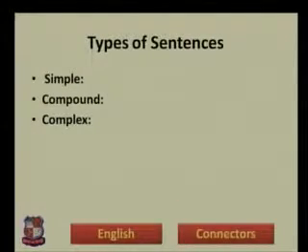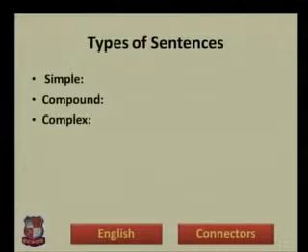But before we understand the connectors, I will first mention the 3 main types of sentences without which we cannot move on.